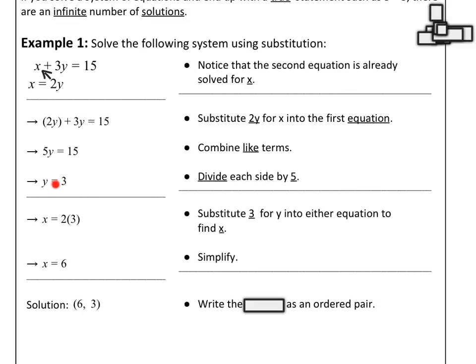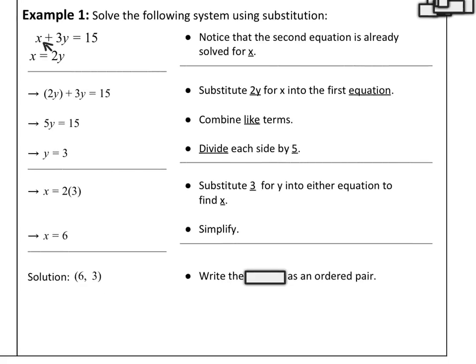Once you know one variable, you could plug it into either one. I'm just going to use this second one since it's a little simpler. That gives us x equals 2 times y, which we know is 3. Then we just simplify, and x equals 2 times 3, which is 6.